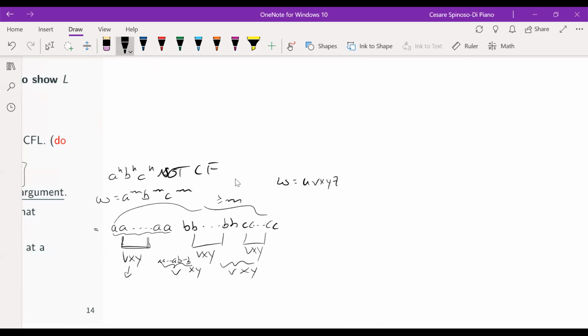Again, you would pump up or down, and you keep going until you exhaust all the cases. In this case, that would be the last case, because you couldn't say v is A's, and then B's, and then C's, because then your string would have length greater or equal to m. Anyways, it doesn't really matter.